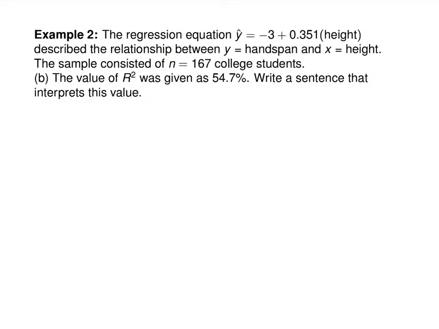Okay, the value of r squared was given to be 54.7%. Write a sentence that interprets this value. So this is the proportion of variability in y that's explained by x.